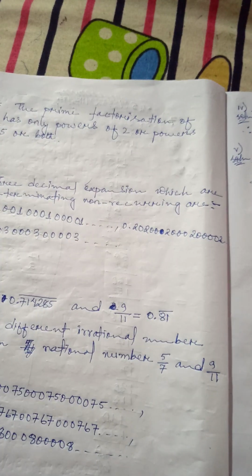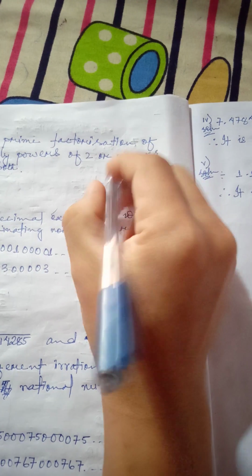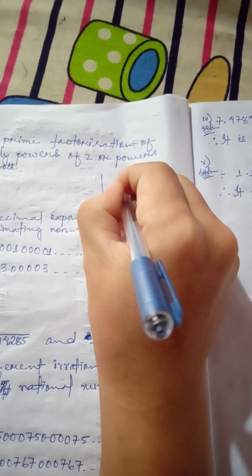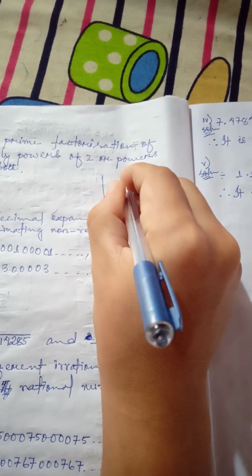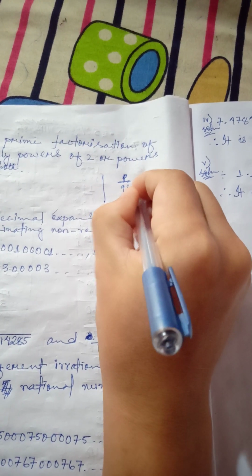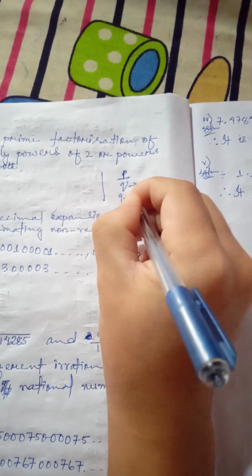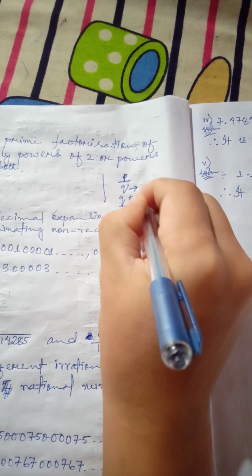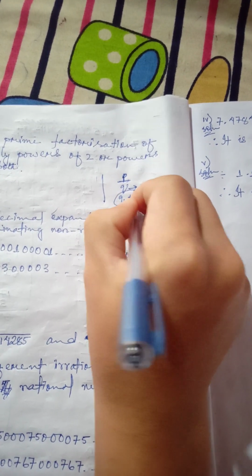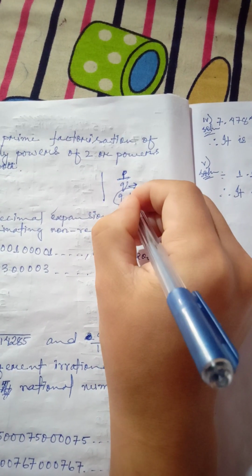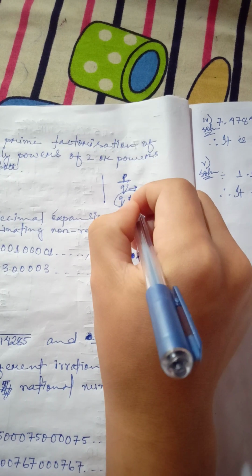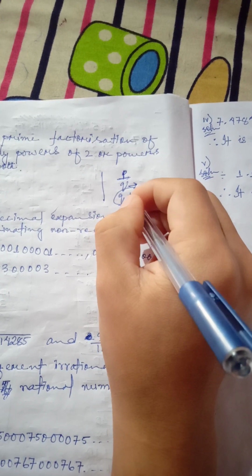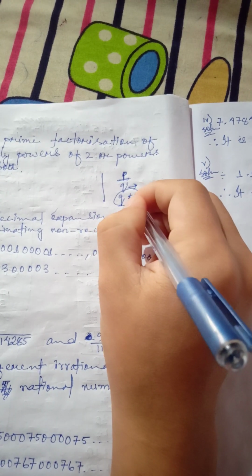Okay, so that means actually the number is in the form of p by q, in the form of a rational. In case the number should be rational, q should not be equal to 0. That will be the first point that needs to be remembered by us. So this is the condition that a number has to satisfy in order to become a rational number.